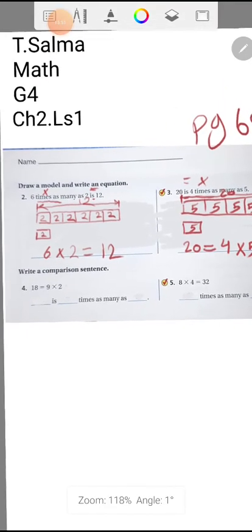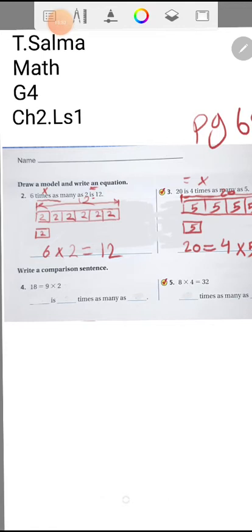Now write a comparison sentence. Here I have the equation and I want to write the comparison sentence. I told you that equals means is, and multiply means times as many as. So 18 equals 9 multiply 2. That means 18 is 9 times as many as 2.